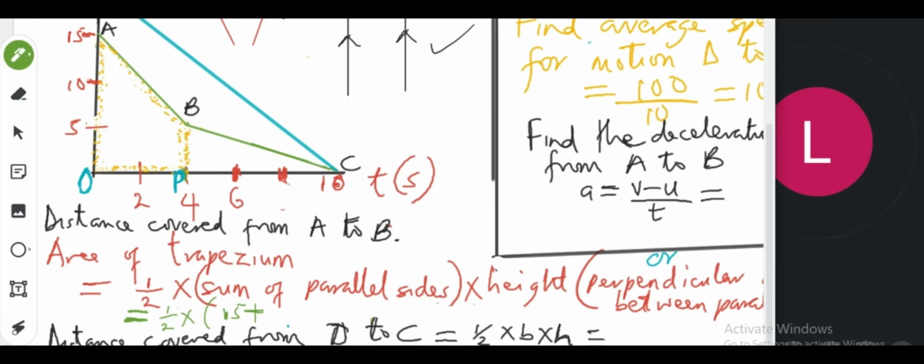So half times (15 plus 5), times the perpendicular distance between the parallel sides, which is 4, that's O to P. So that's half times 20 times 4, sorry, 15 plus 5 is 20. Half times 20 times 4 will give us 40.